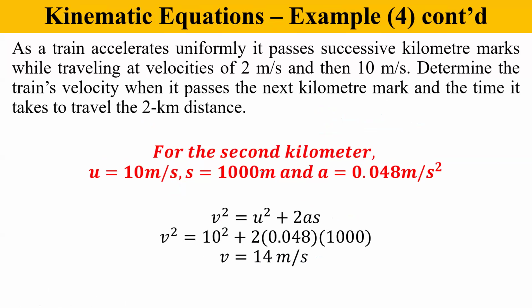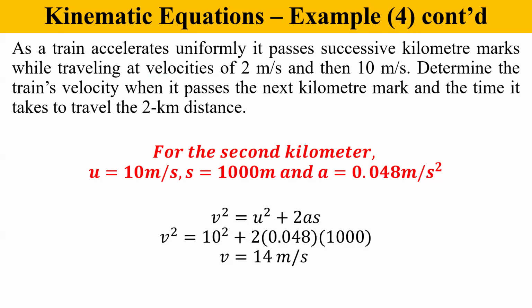So now that you have calculated your acceleration for the second kilometer, remember you had covered 2 successive ones. It says the train accelerates uniformly, it passes the successive kilometer marks while traveling at 2 meters per second and then 10 meters per second. You have to determine the train's velocity when it passes the next kilometer mark and the time to travel the 2 kilometer distance.